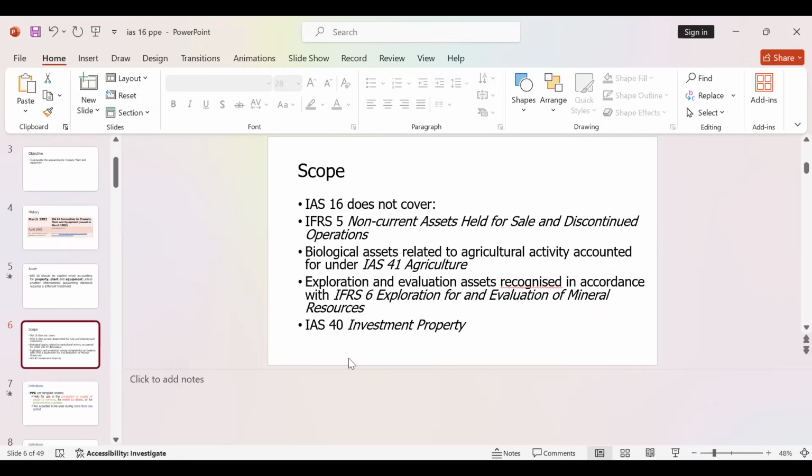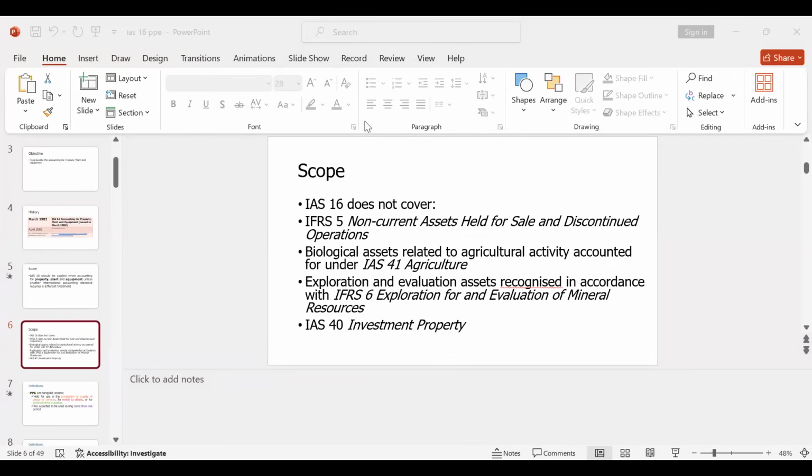If you have biological assets related to agricultural activity, they should be accounted for using IAS 41. If you have mineral resources, okay, exploration and evaluation assets recognized in accordance with IFRS 6.